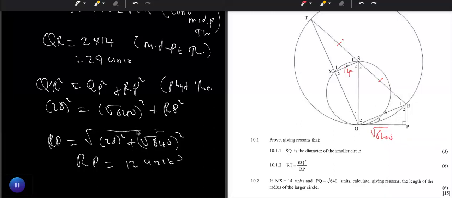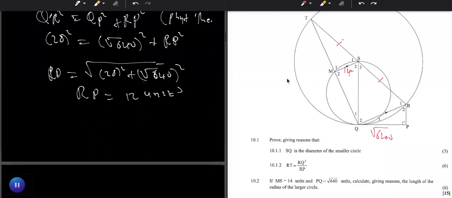Once you have your RP, now we know this value right here, and you do know your RQ. So you're going to try to work out the value of RT. We know that RT is equal to RQ squared over your RP.